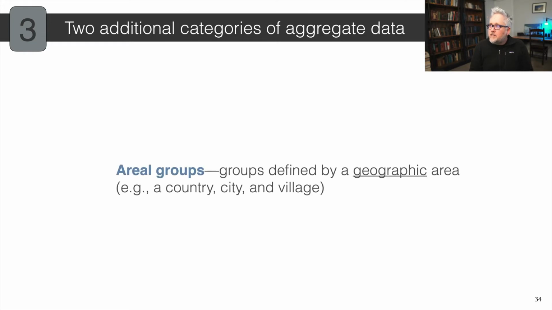Another couple ways of thinking about aggregate data, one in which is the group that you're looking at a function of geography? Is it the number of people that are in the ACT or in a particular country or in a village?